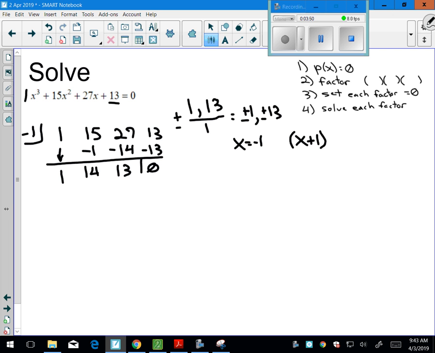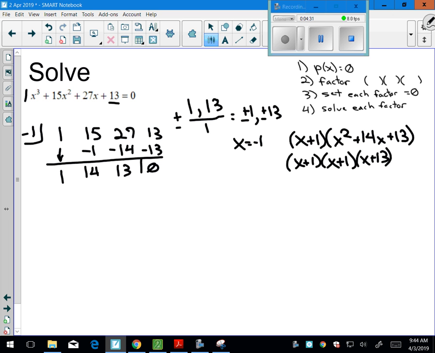My remaining polynomial at this point is 1x squared plus 14x plus 13. Then you can use your quadratic factorization at this point. You need two numbers that multiply together to give you 13 and, when added together, give you 14. And so that is 1 and 13. There are your factors.